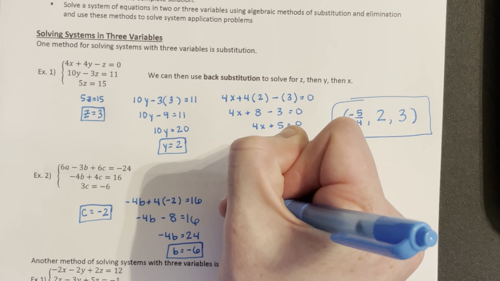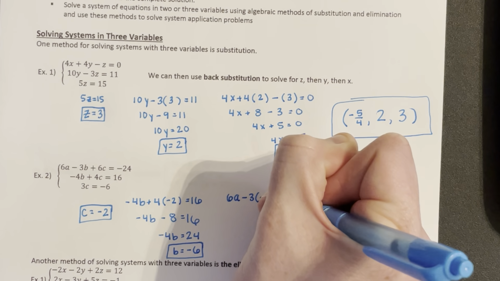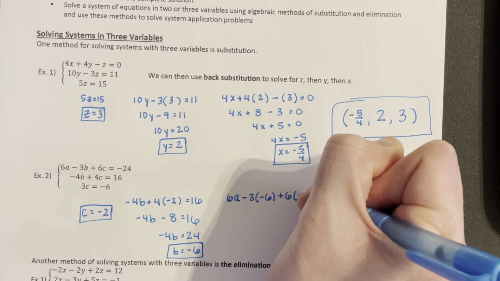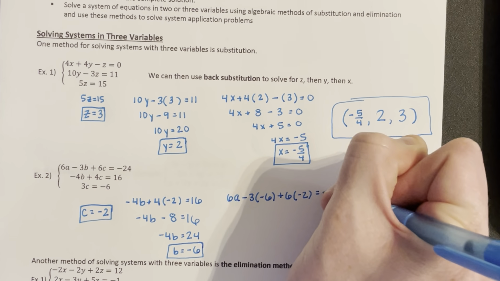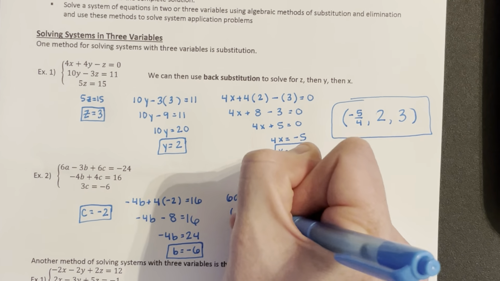Substitute both of those in, so 6a minus 3 times b, which is negative 6, plus 6 times c, which was negative 2, equals negative 24. 6a plus 18 minus 12 equals negative 24.